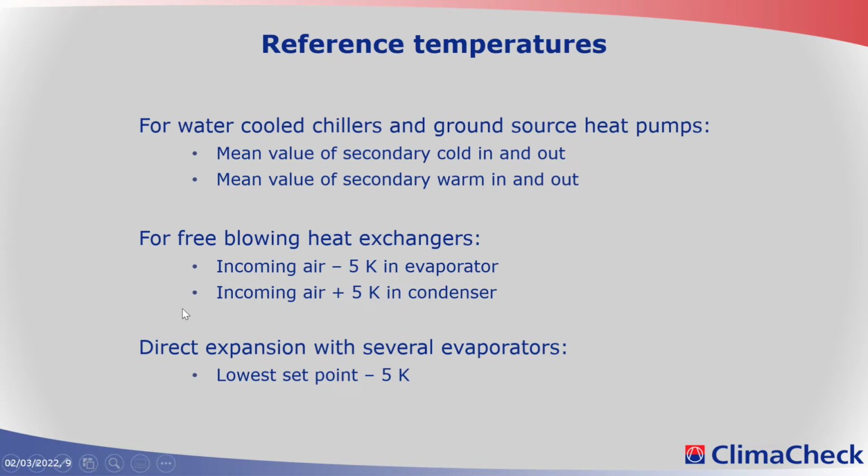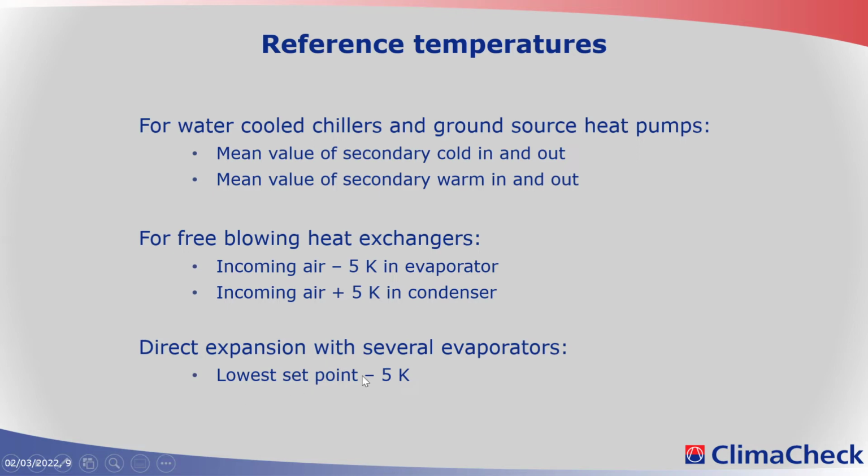And what if we have free-blowing heat exchangers, for example, air-cooled condenser? In that case, we would take the incoming air plus 5 degrees. The incoming air is the most important in this case when we have air-cooled condensers, and it will be our benchmark.